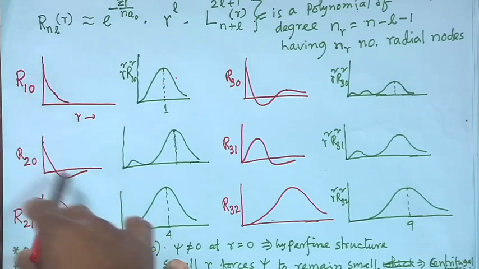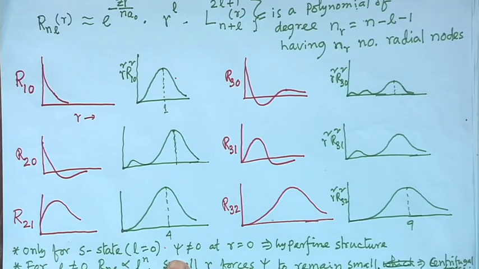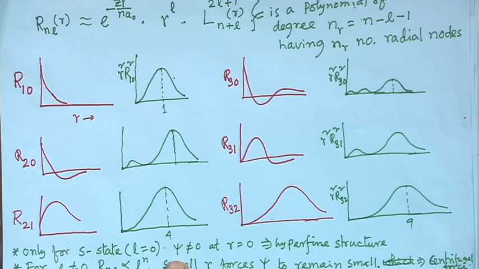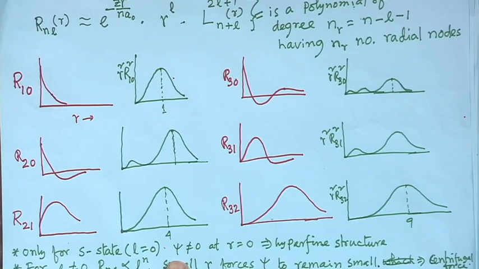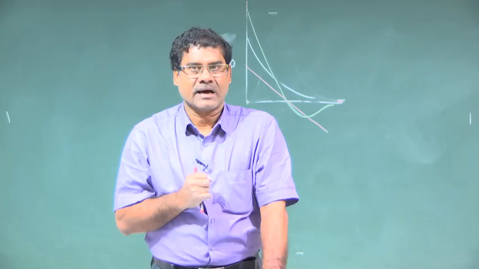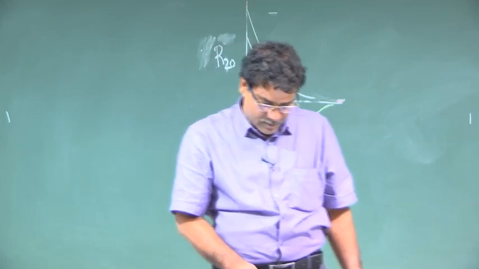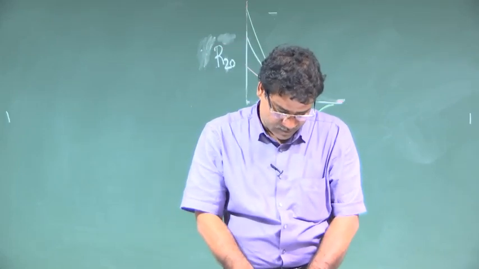And this gives the electron a chance to interact with the nucleus, and as a result we get some splitting of the fine structure, which is called hyperfine structure. So, what else information can we get from here?